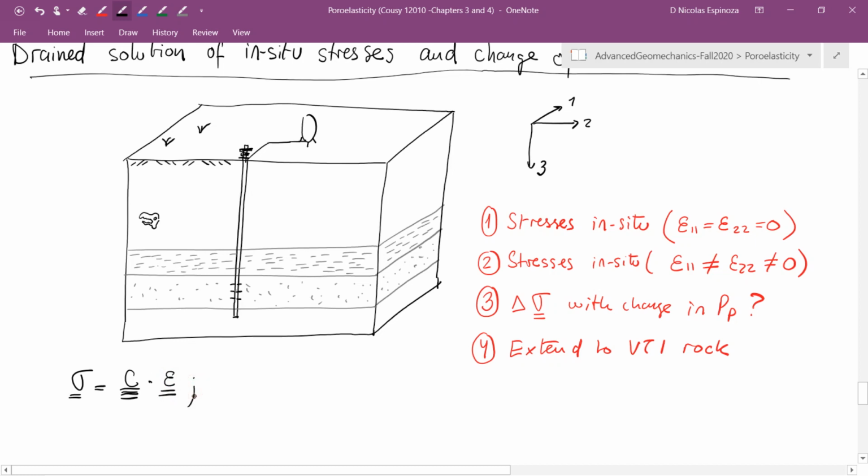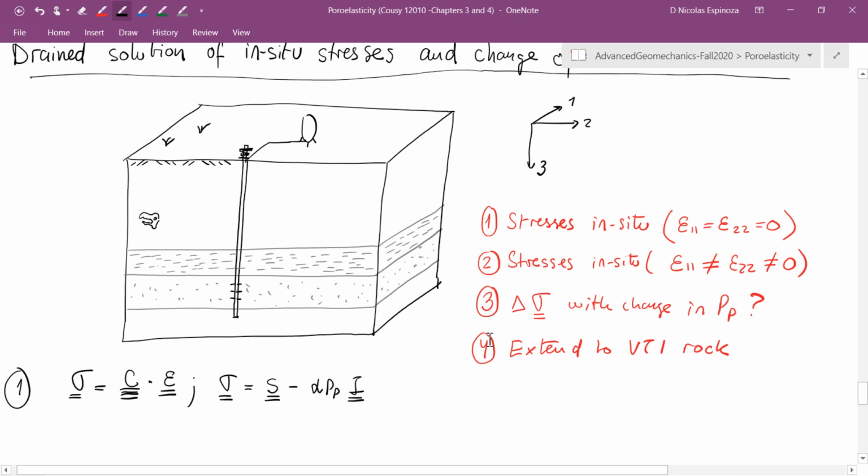But now, let me put here number 1, we know that effective stress has to be corrected by the Biot coefficient. So in this case, effective stress is total stress minus the Biot coefficient multiplied times pore pressure, applied just to the elements in the diagonal.